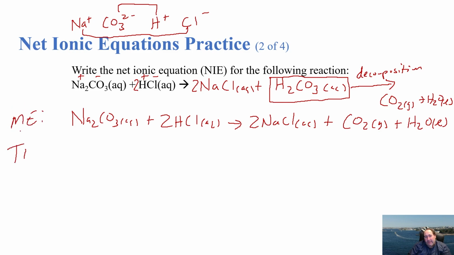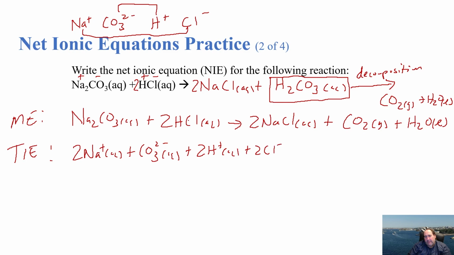Now, when we go to our total ionic equation, we will get 2 sodium ions. We'll have a carbonate. Hydrochloric acid will break apart into 2 H plus and 2 Cl minuses, once again distributing that.